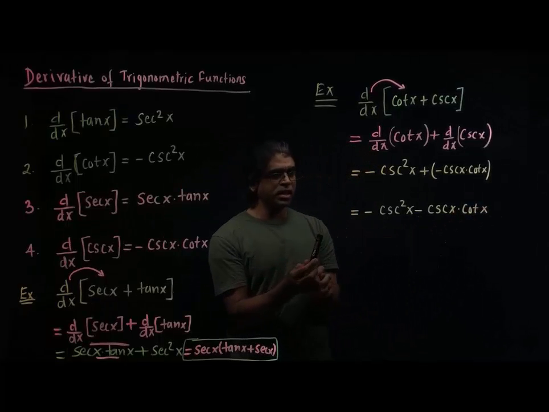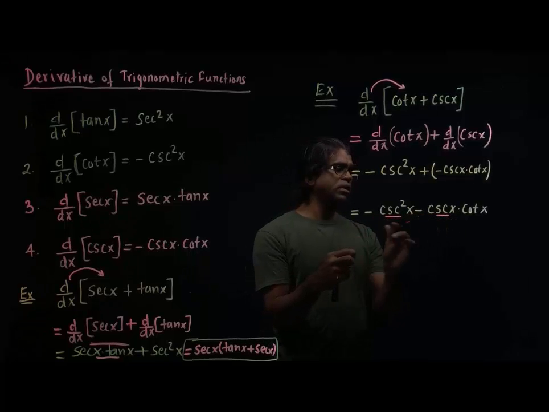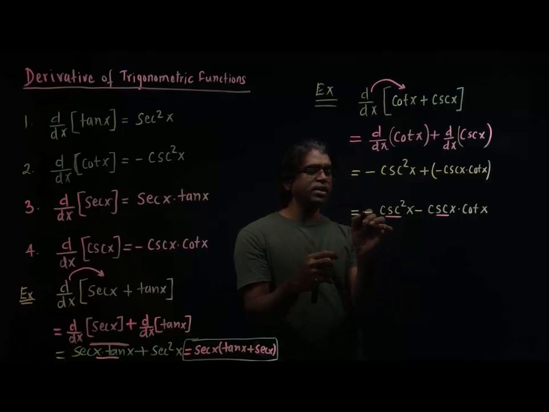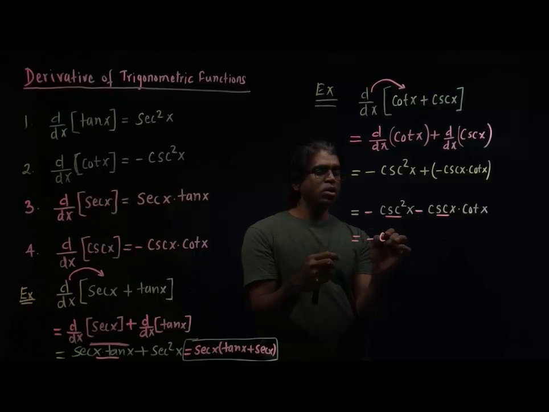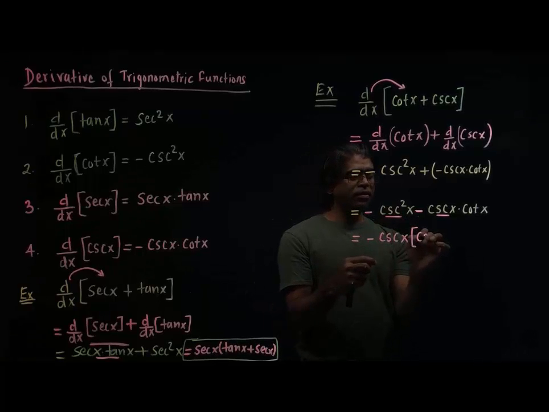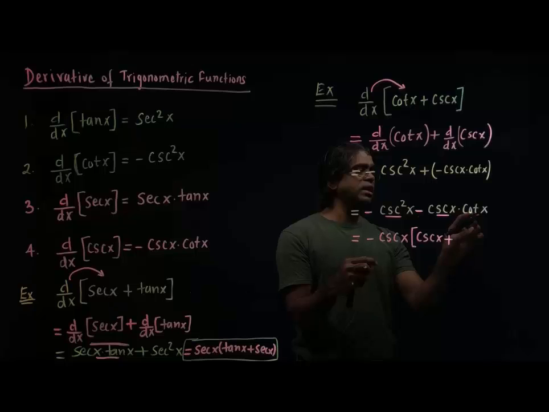Now as you can see, I can take out cosecant x common because I have cosecant x as a common term, and then this negative also. So I'm going to take negative cosecant x as a common term, and if I do that I am left with cosecant x from the first term plus, because I'm taking that negative out, and the only thing left is cotangent x, right?